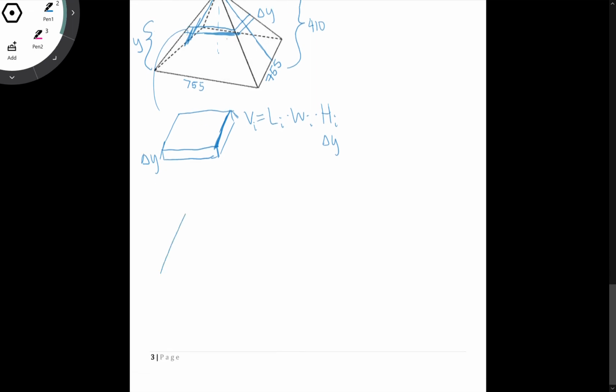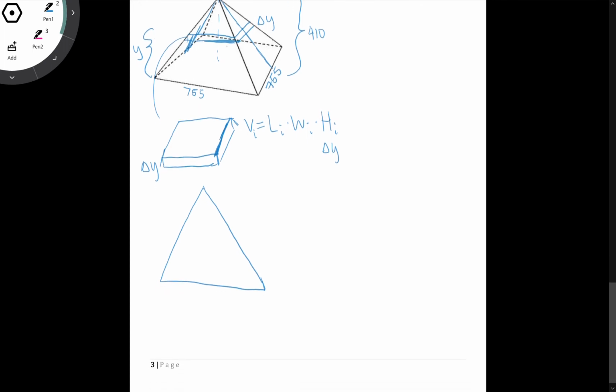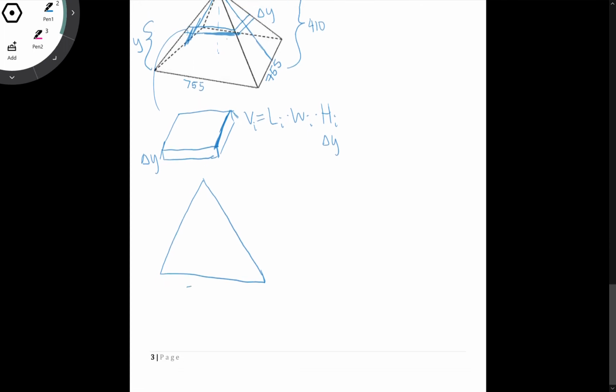When we look at what we're left with, it's just a triangle. We cut it in half and look straight on so that we can't see any of the remaining volume. And I know that the base of this triangle is 755 and the height of this triangle is 410.